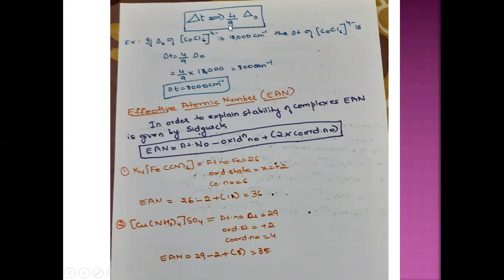So delta T is equal to 4 by 9 delta naught. If they give you delta T, you can find delta naught. If they give you delta naught, you can find delta T. Same problem here: delta naught is given, and you have to find delta T by substituting in the formula. So 18,000 is the delta naught value. How will you find delta T? It is nothing but 8,000 centimeter inverse.